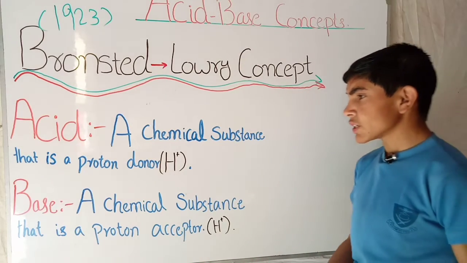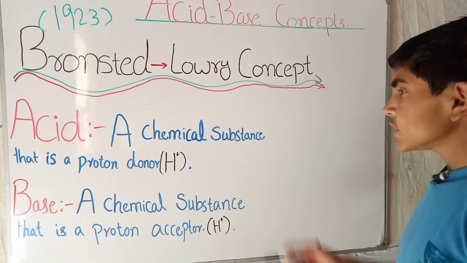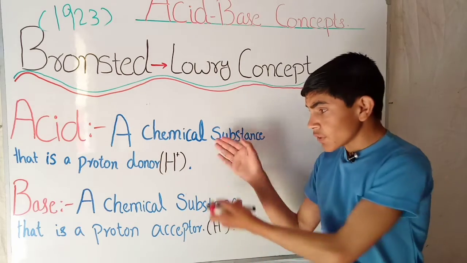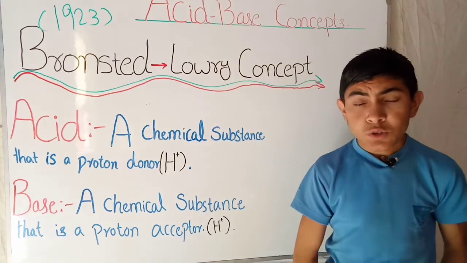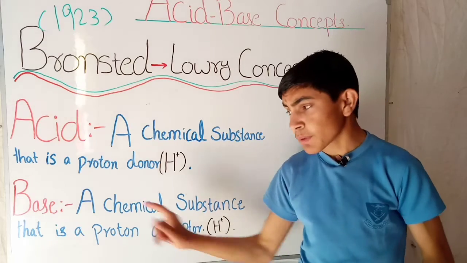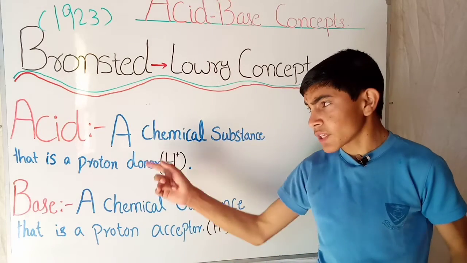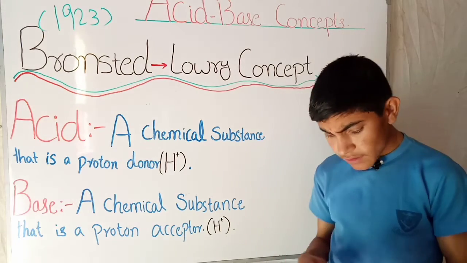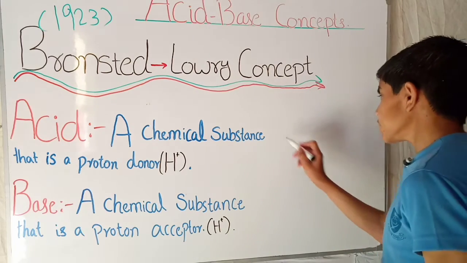So this definition is like this: when we mix an acid with a base, the acid will give a proton to the base and the base will accept it from the acid. And we will explore an activity here.